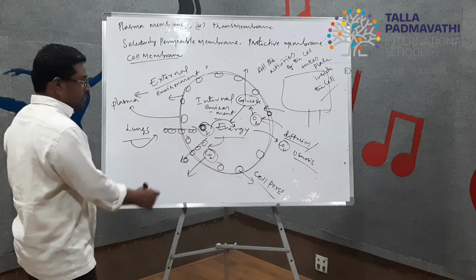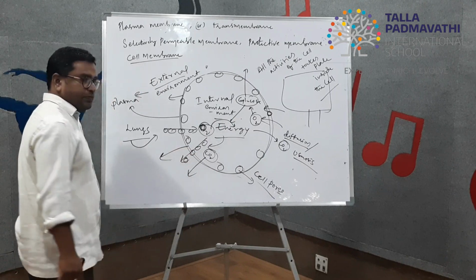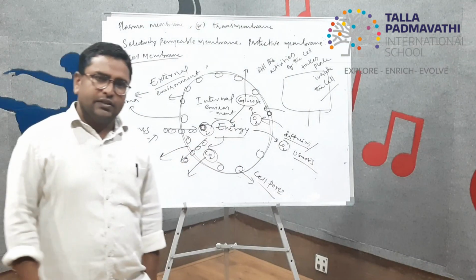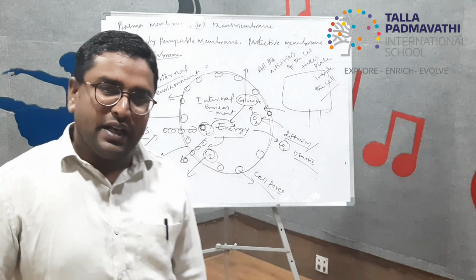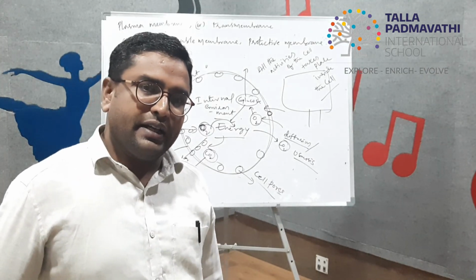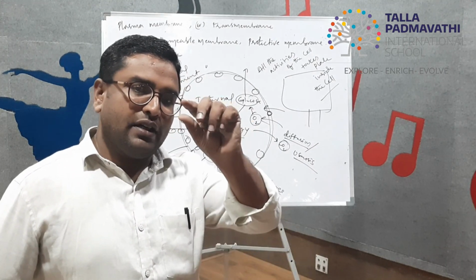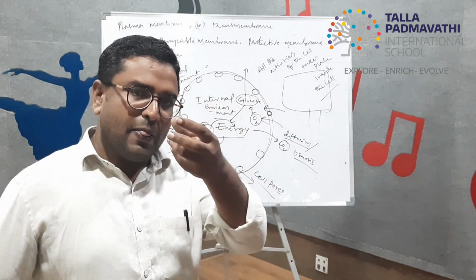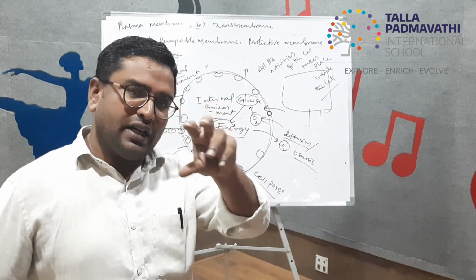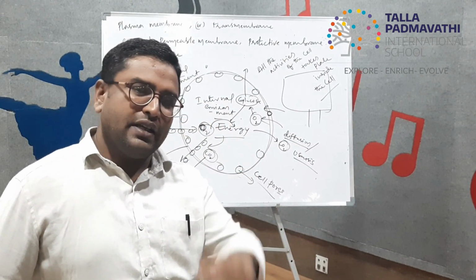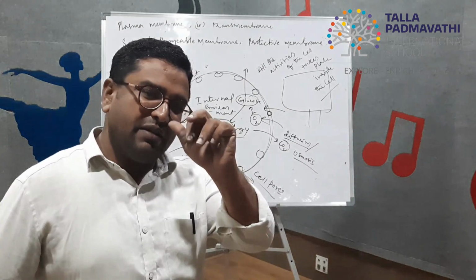The plasma membrane is very thin. We performed one activity last year: you take an egg and deshell it. Instead of boiling it, you put the egg in HCl. Then the shell will separate and you will find a thin membrane.